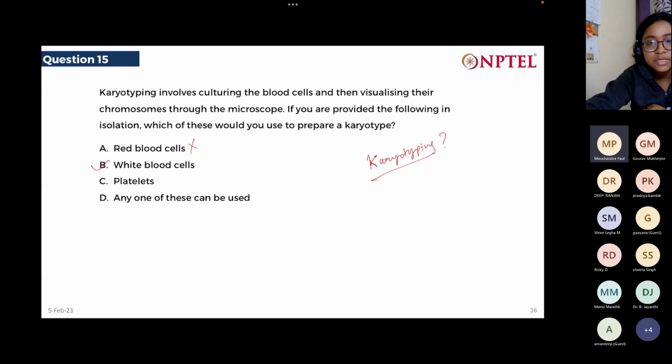You're correct. Please, I request you all to have a clear idea of what platelets are, okay? But the answer here is white blood cells. What are actually platelets? How do they look? Please do a Google search later after this class, because I feel you should know this, and you should figure it out yourself, okay?